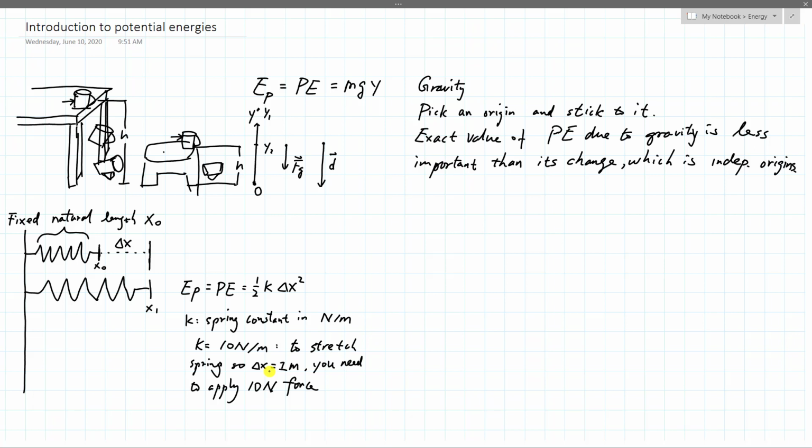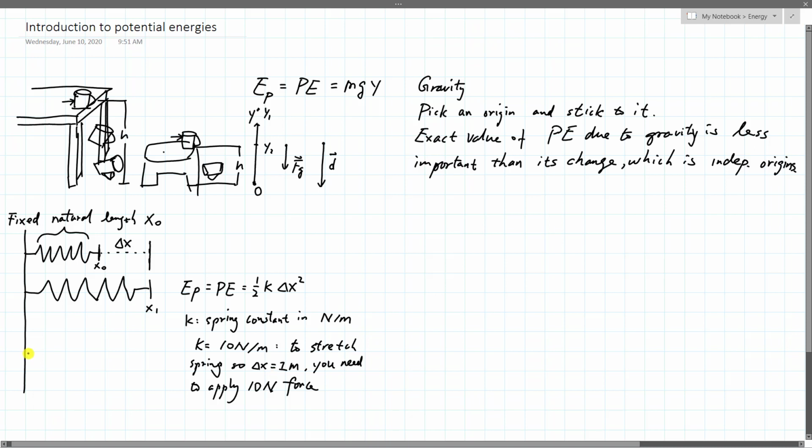Okay, so there's another situation when you compress a spring. So let's draw compression. I think that's 1, 2, 3, 4, 5. Okay, so this is x2. So this is our delta x.